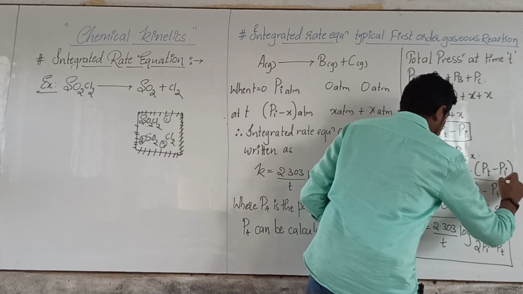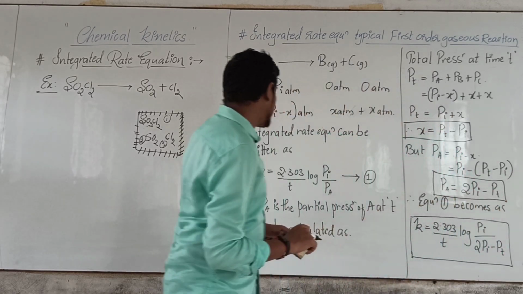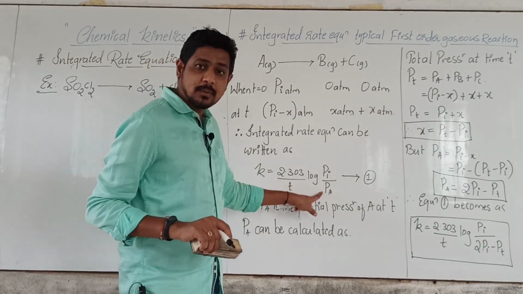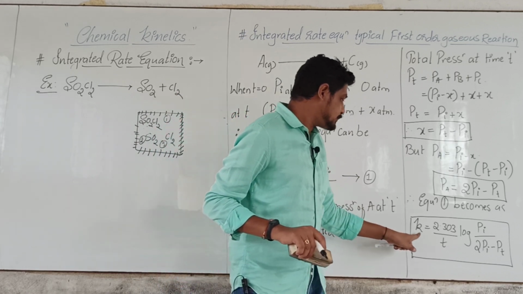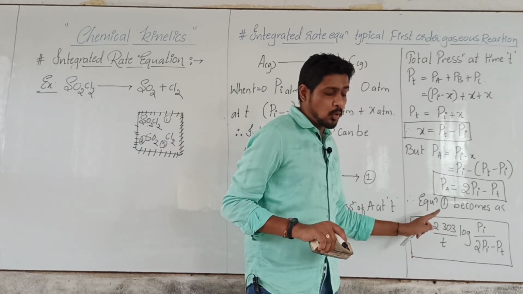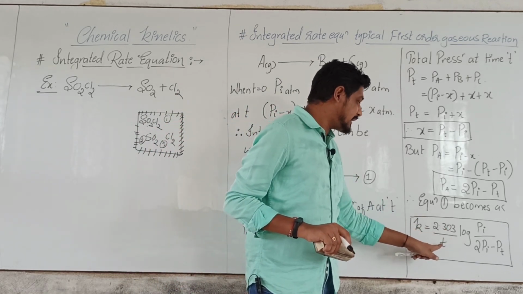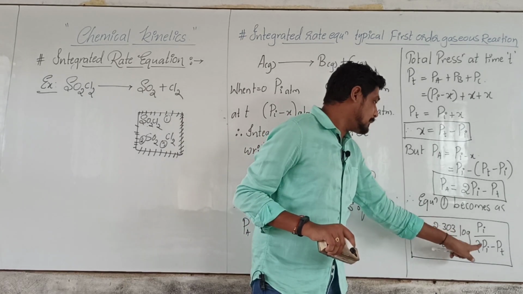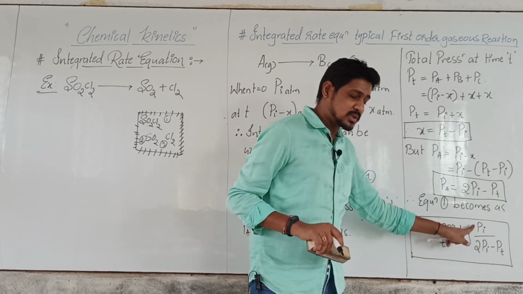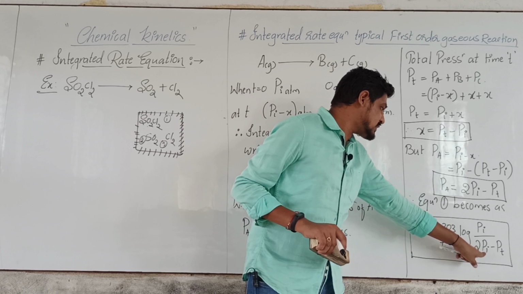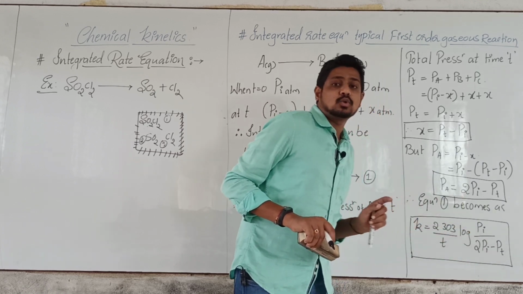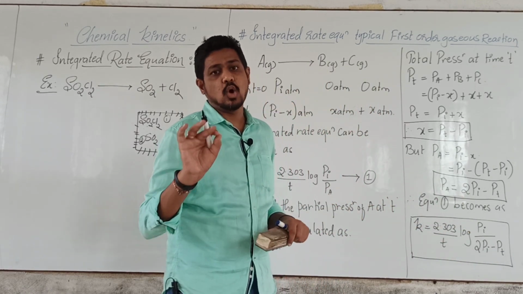Now we have to substitute this in equation number 1. Then K is equal to 2.303 divided by T log of Pi, the initial pressure, divided by 2 times the initial pressure minus total pressure. This you have to remember.